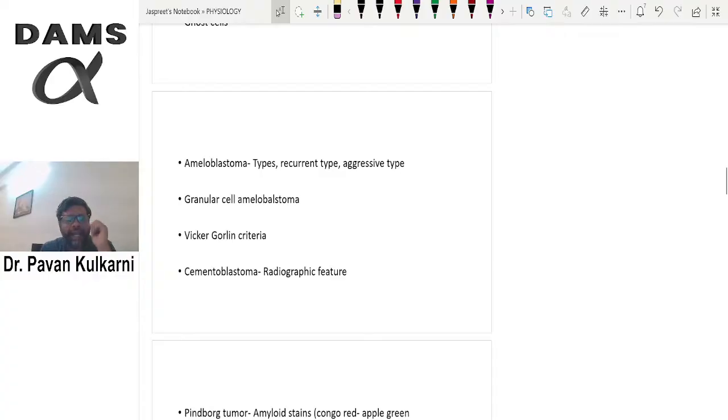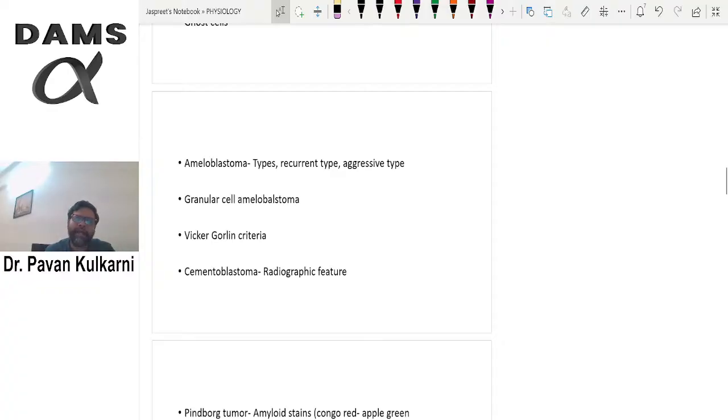Okay. And there is another odontogenic tumor where again a question frequently comes, which is cementoblastoma. Cementoblastoma typically involves the roots, where there is a radio-opaque mass attached at the tip of the root. That is again a very commonly asked question. Radiographic images are there, and it has a very unique clinical feature also.